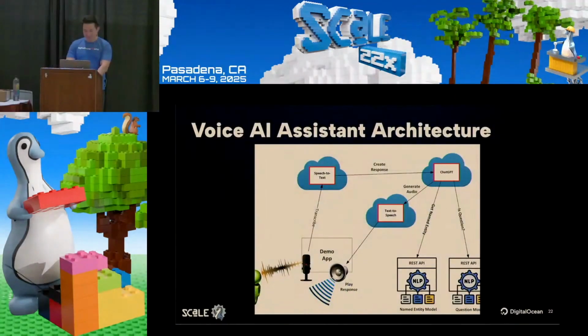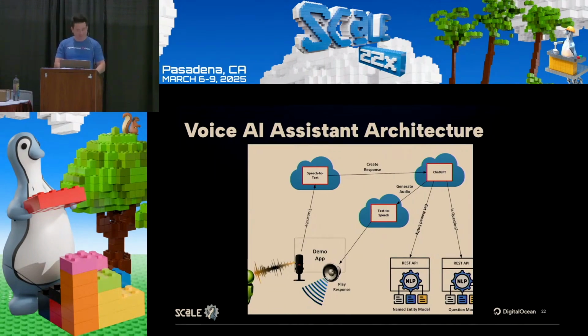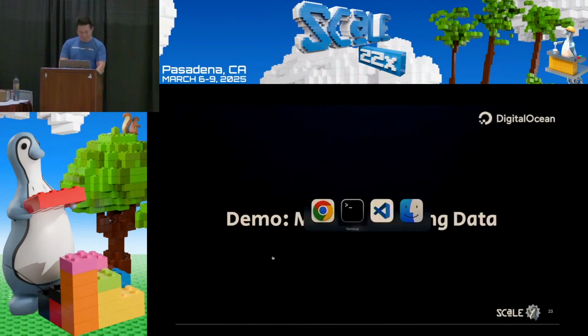So let's go ahead and give this a try. I'm going to spin up a REST API on top of that question model, and a REST API on top of that named entity recognition model, and I'm going to talk into the microphone. If it's a question, a computer voice will speak over the thing and answer the question for me, and every sentence is going to get classified for named entities contained within the sentences. So let's give it a try.